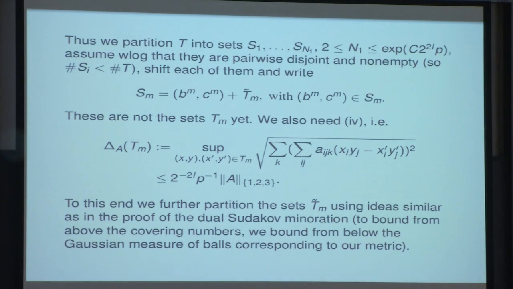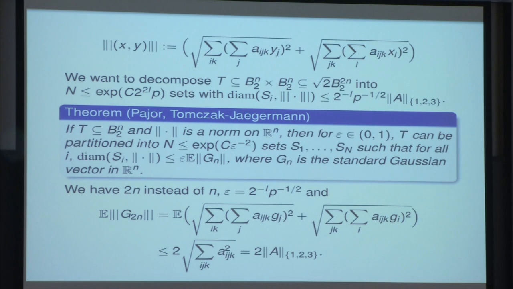So how do you prove this dual Sudakov minoration, at least one of the proofs, follows by looking at a ball around each point in the Euclidean ball, and looking at a certain Gaussian measure of this ball, and having a bound from below on this ball. Then looking for an epsilon net is more or less like looking for a maximum epsilon separated set.